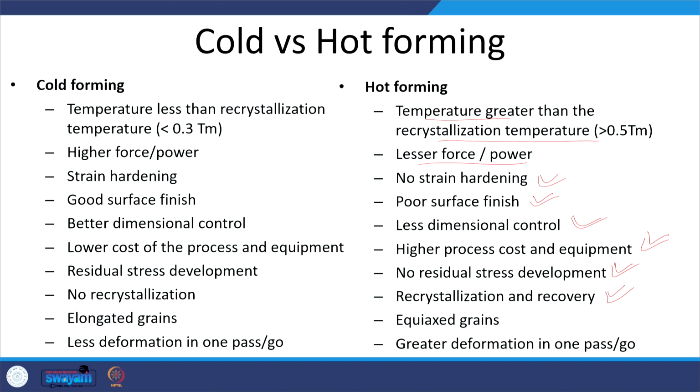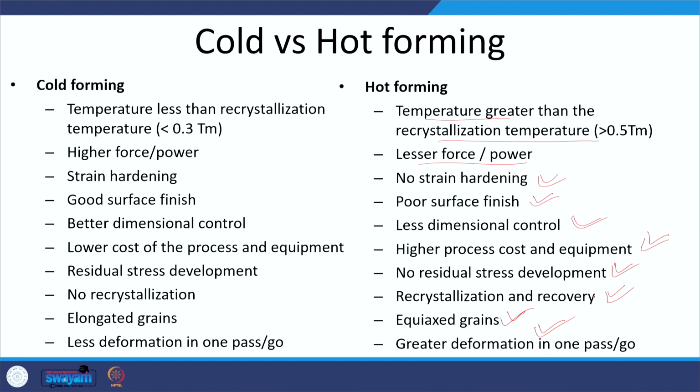The grain structure which is distorted during the deformation is recrystallized again, so we usually get fine and equiaxed grains. And a significant reduction in yield strength and increase in ductility facilitates greater reduction, or greater deformation, in one pass of the metal.